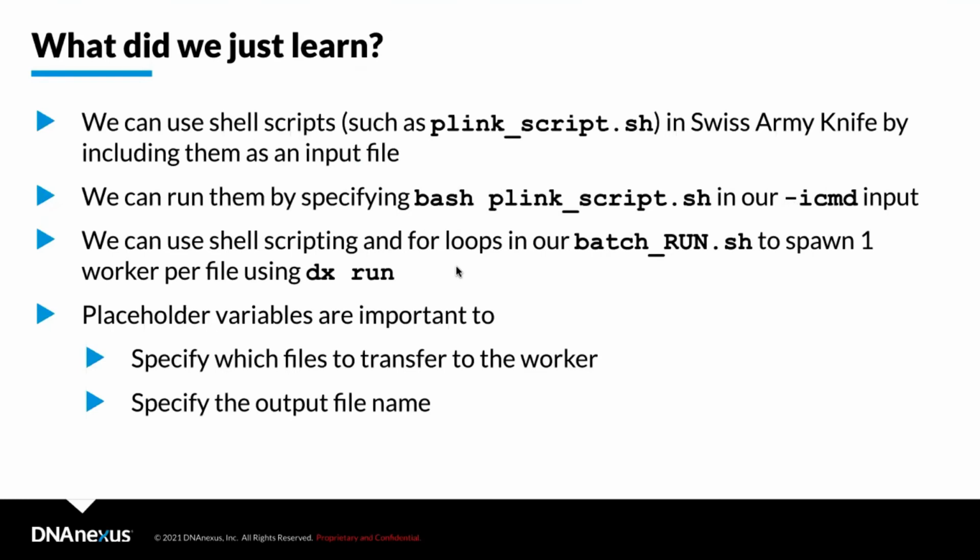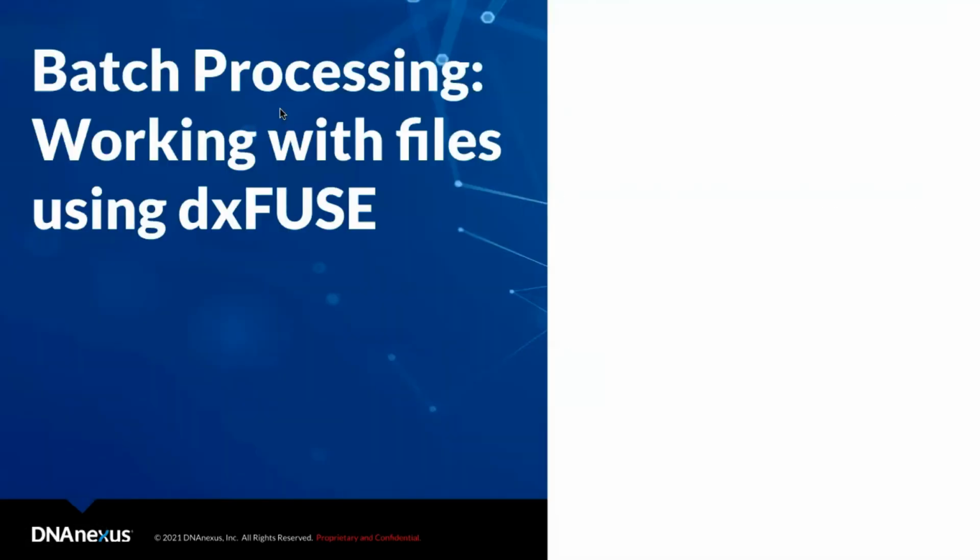We can use a combination of shell scripting and for loops in our batch submission to spawn 1 worker per file using dx run. And again, think about the placeholder variables and how they're critically important to specify which files to transfer to the worker and to specify the file output name. So what we showed you is the basic recipe for batch processing.